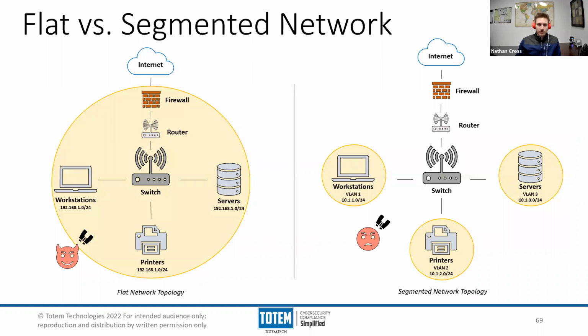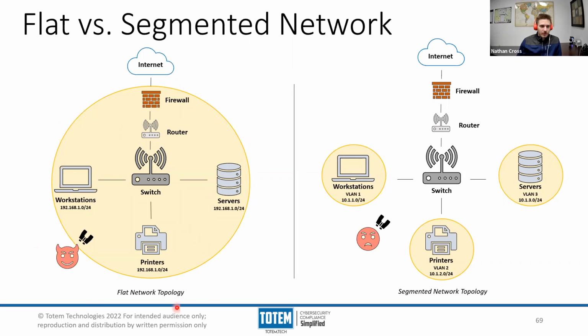But I did want to, hopefully this is where it all starts to come together. I put together these very basic network diagrams to help us understand the difference between a flat network and a segmented network. On the left here is a flat network. This would be one local area network.